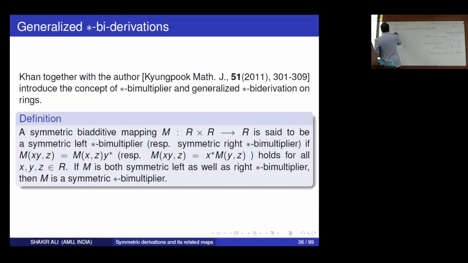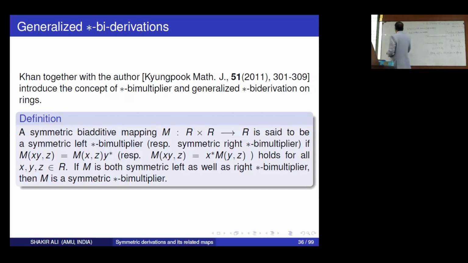And if T(xy) is equal to xT(y), this is called a right centralizer or right multiplier. If T is both, that is left and right, then we call it a multiplier.